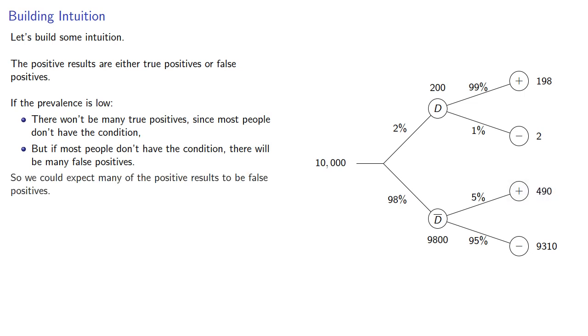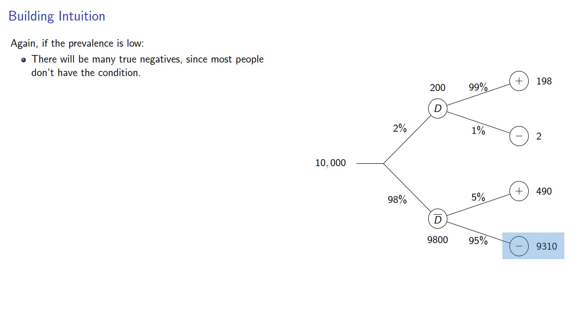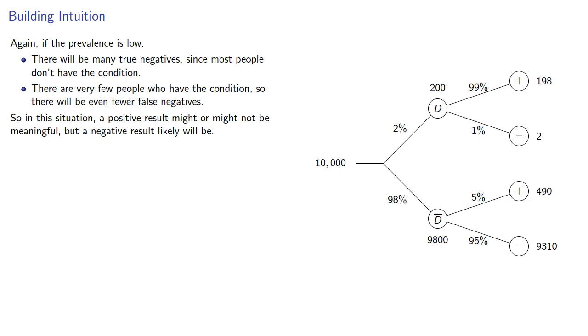So we could expect many of the positive results to be false positives. And again, if the prevalence is low, there will be many true negatives since most people don't have the condition. There are very few people who have the condition, so there will be even fewer false negatives. So in this situation, a positive result might or might not be meaningful, but a negative result likely will be.